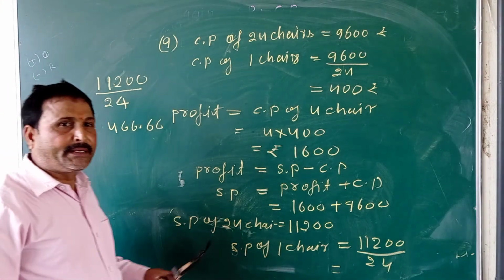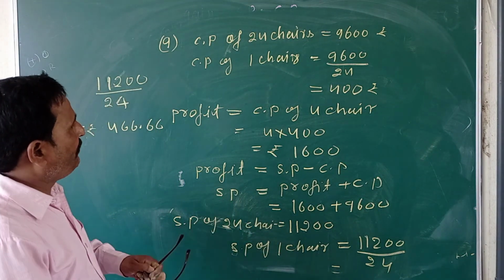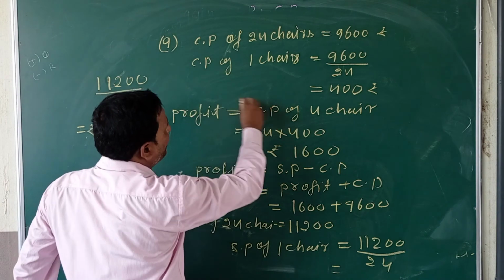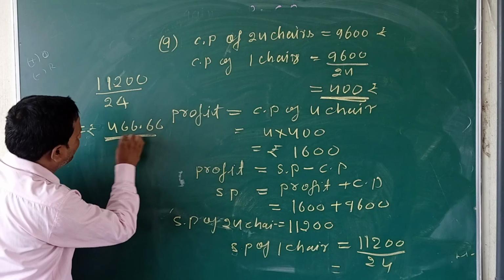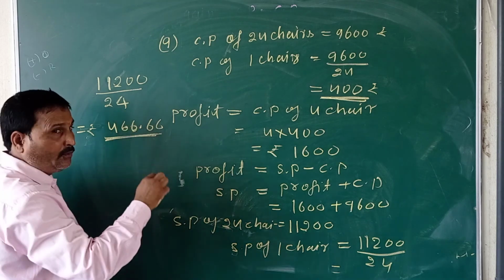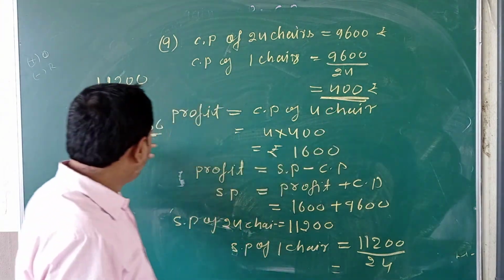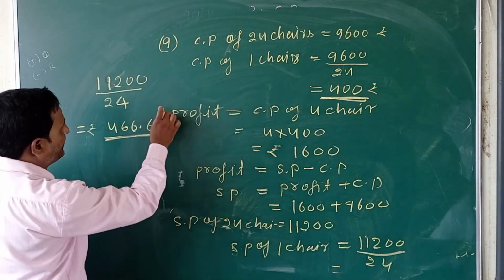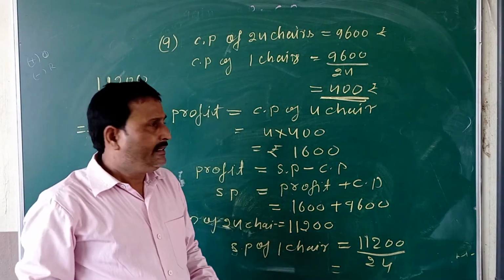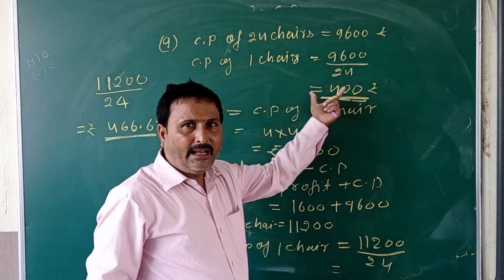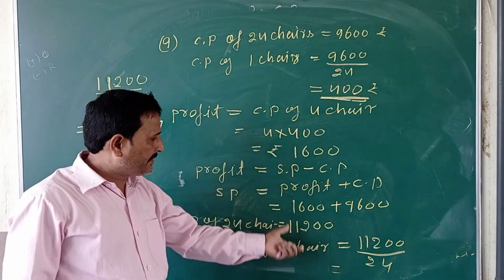In your book, it is given 15 lakh rupees in the answer sheet or something. How is it possible? See that if the CP of 1 chair is 400 rupees, then the SP is coming to 466. So whatever answer is given in the answer sheet, that answer is wrong. Round up, that will come to 67 rupees. So remember that if the CP is 400, the SP will be 466.67.